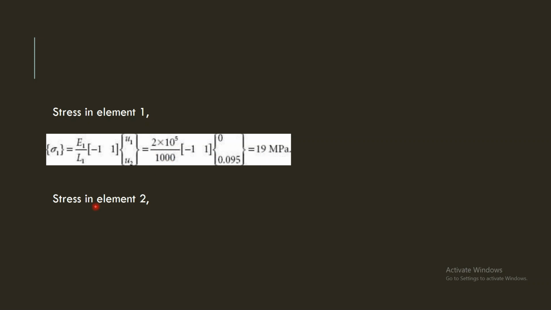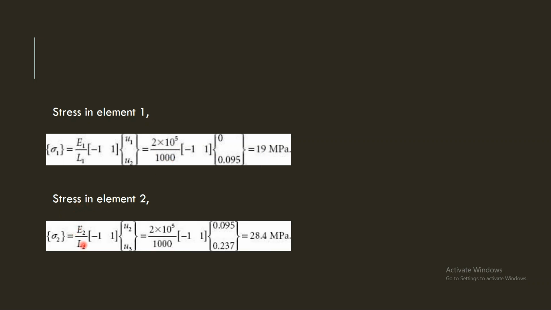Similarly, stress in element 2 is E2 divided by L2 times minus 1 1 times U2 U3. Why is it U2 U3? Because it consists of node 2 and node 3. Here it is node 1 and node 2. So substitute all the values in mm. That's why I'm maintaining the units of Young's modulus and length in mm also. So I get these two values, the stresses generated in the particular elements.